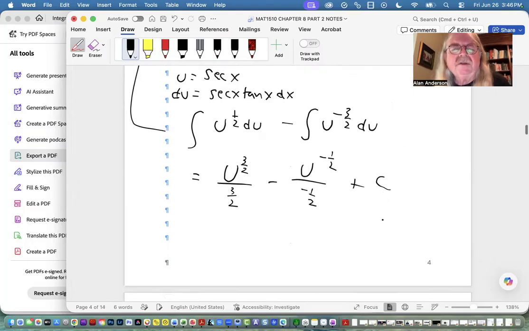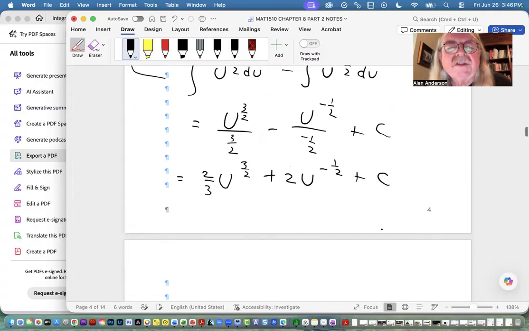And then we can clean it up a little. And of course, remember, u is the secant.